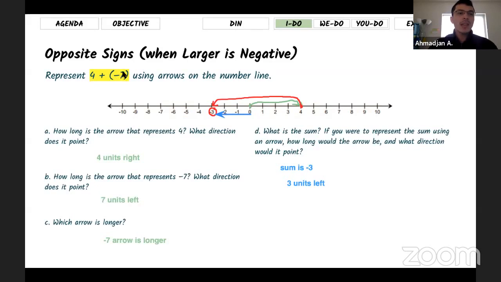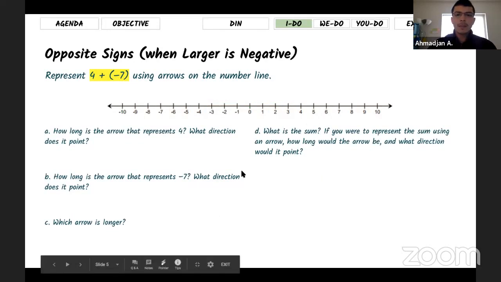And then second thing, you need to pay attention to the sign of the number, and it's negative. So you need to know that definitely the result has to be negative before you do the calculation. Okay, first you need to determine whether the sum is negative or positive. Then you need to do the calculation, 7 and 4. And how we do the calculation when we add these opposite signs, let's practice on the next slide. Okay.